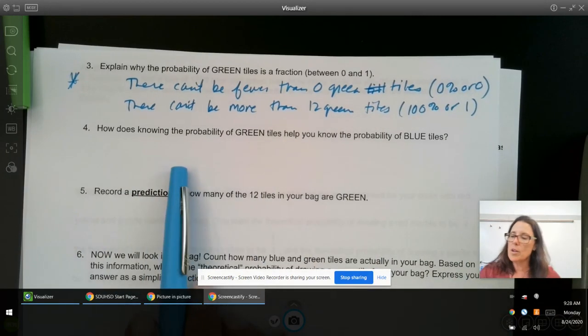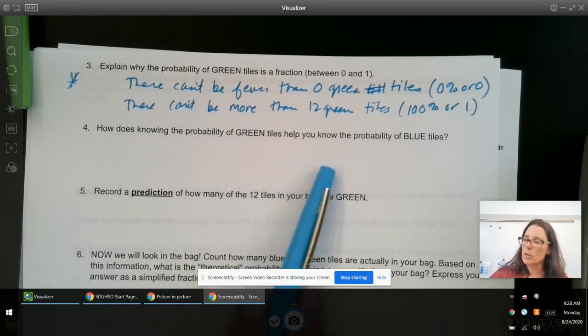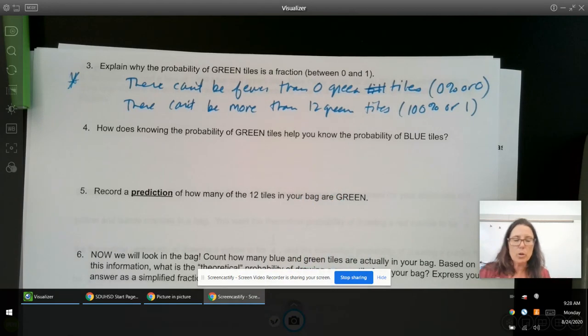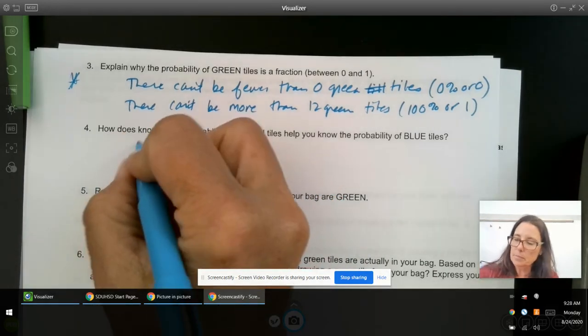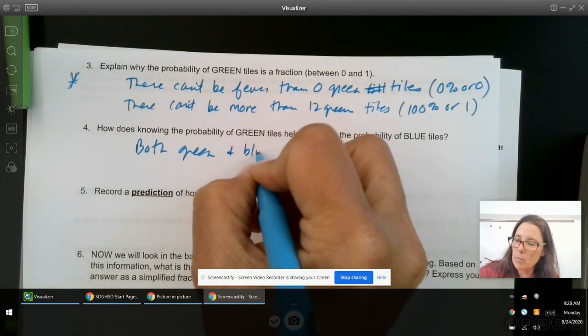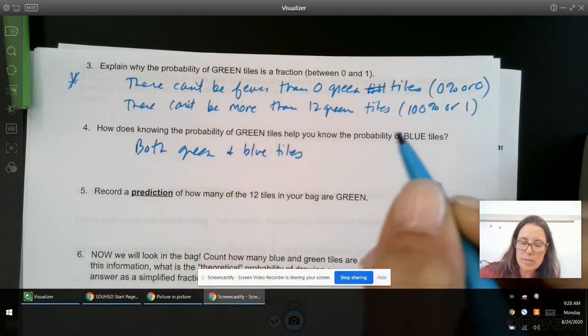How does knowing the probability of green tiles help you know the probability of blue tiles?